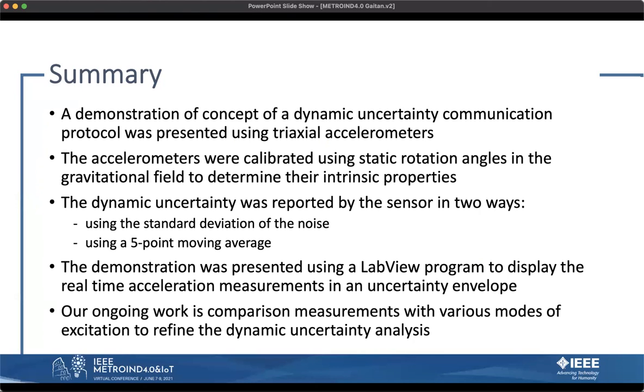I think the takeaway that I hope we can discuss in this session is this idea: if we can formulate an adequate dynamic uncertainty analysis at the edge, at the smart sensor itself, and communicate these measurements together with their instantaneous uncertainties, does that then mean that the sensor network becomes more adaptable?